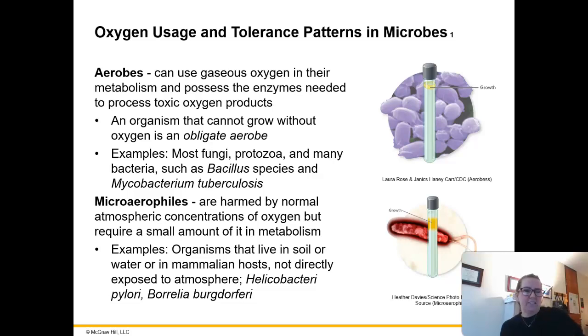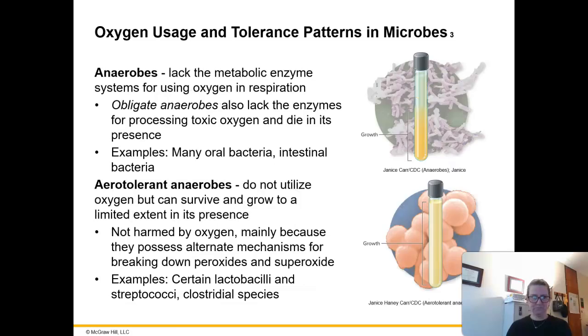The surface of water, for example, where it meets the air, would be an area of high oxygen. Essentially, these organisms live in the soil or water or in mammalian hosts, but not directly exposed to the atmosphere. This includes Helicobacter pylori, which is the causative agent for stomach ulcers.